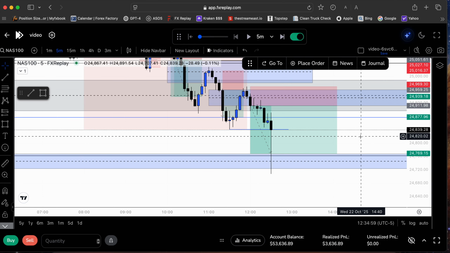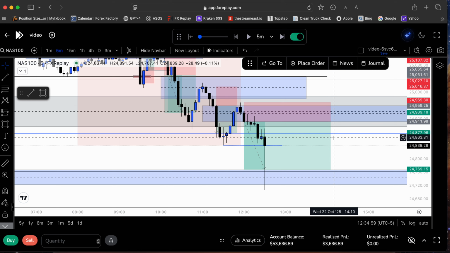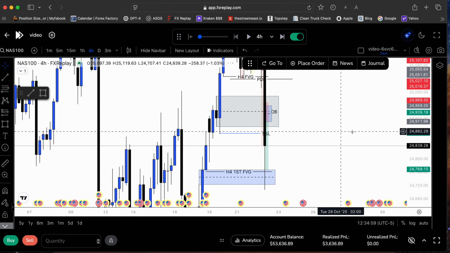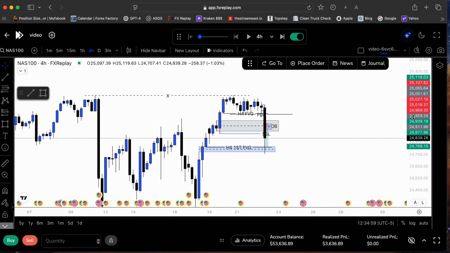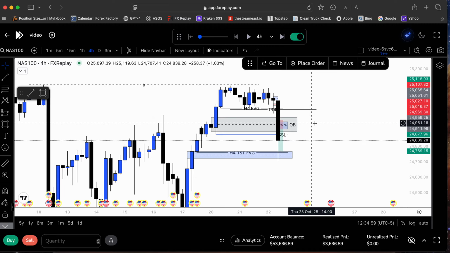And if there's anything else I want to say, I think I touched all the points I wanted to make. Not getting trapped on the M1, and not getting fixated on the idea that we hit the first draw, the nearest draw, and that's it for the day, when there's so much more that can happen, because New York session and NQ just moves a lot on a daily basis.